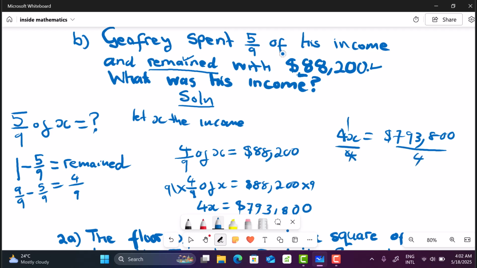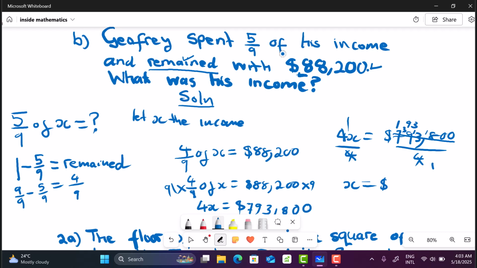4 into 4, here it's 1. So x is equals to $. Here it's 1. Here we are going to divide, we get 1. Remainder 3 into 39. We are going to get nothing but 9. And we are going to get a remainder 1 into 13. It is nothing but 3. We're going to get a remainder 1 into 18.